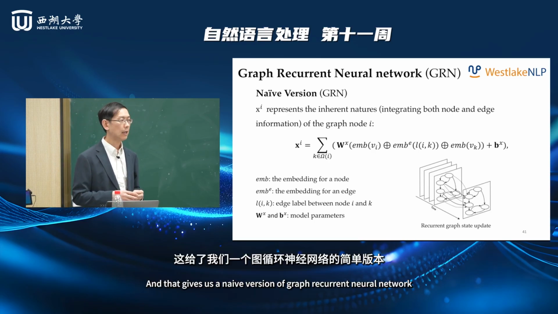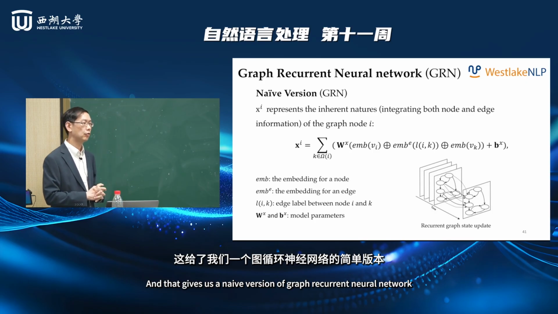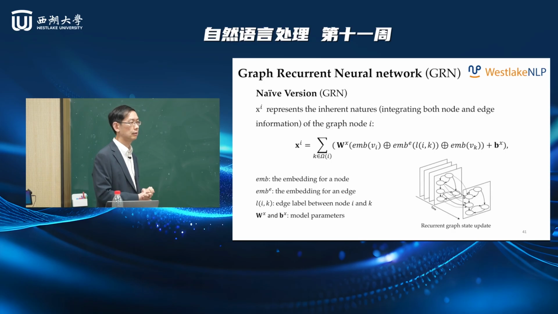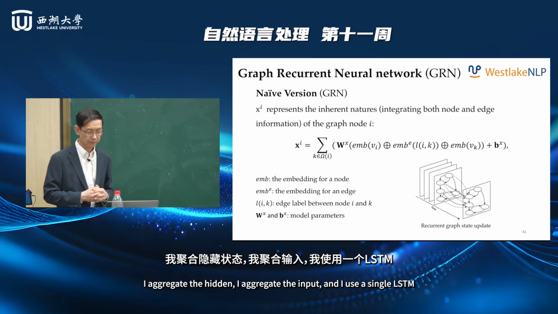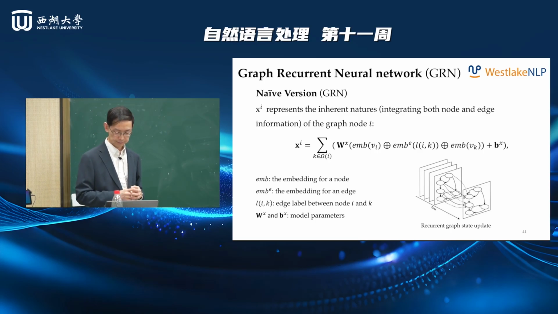And that gives us a naive version of graph recurrent neural network. All right. I aggregate the hidden, I aggregate the input, and I use a single LSTM.